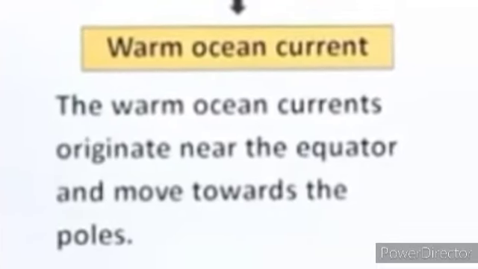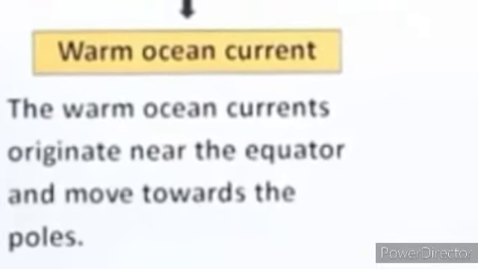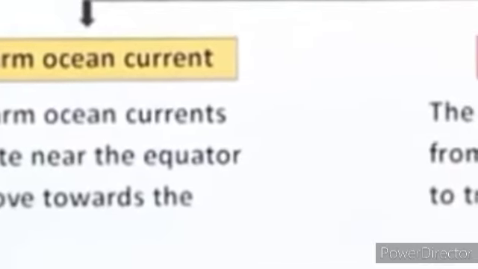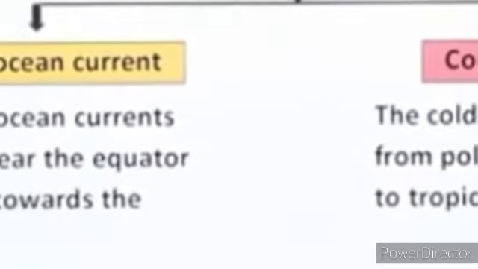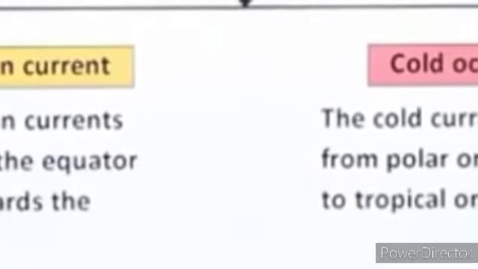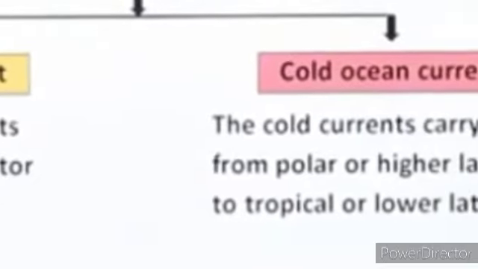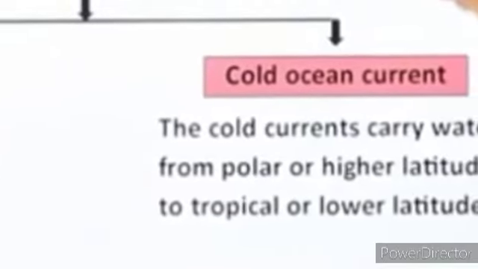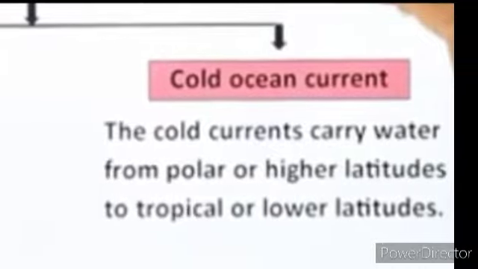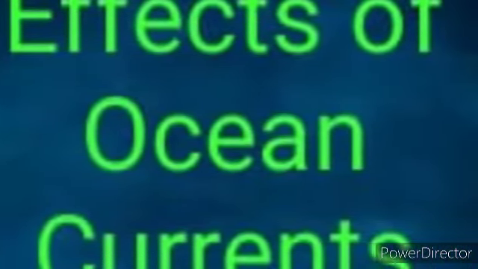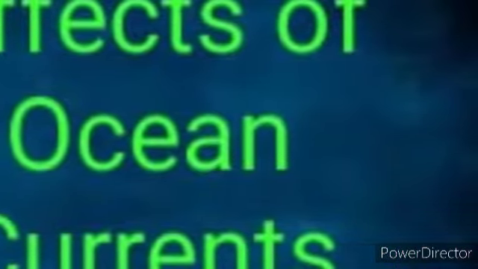The ocean currents that move from the equatorial region to the poles carry warm water and hence are called warm currents. The ocean currents that move from the poles towards the equator carry cold water and hence are called cold currents. Now the last point, effects of ocean currents.